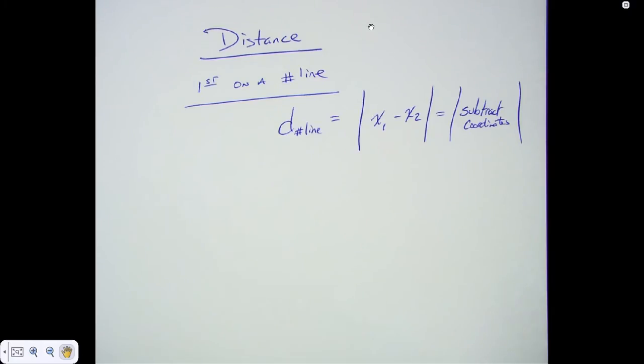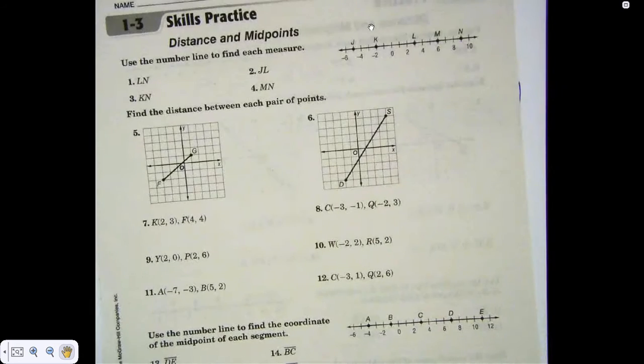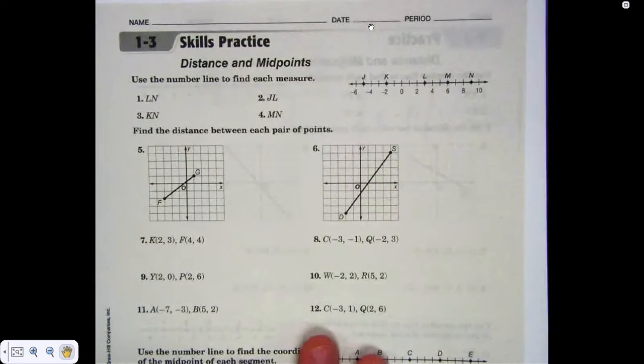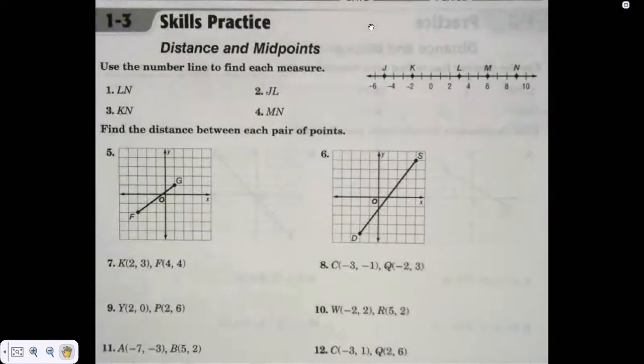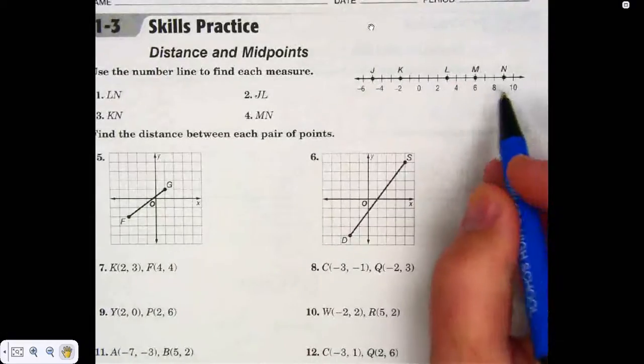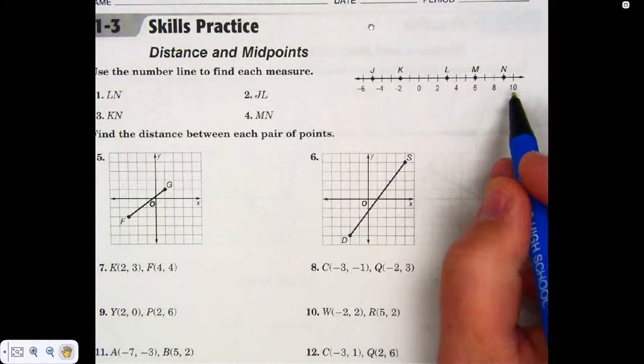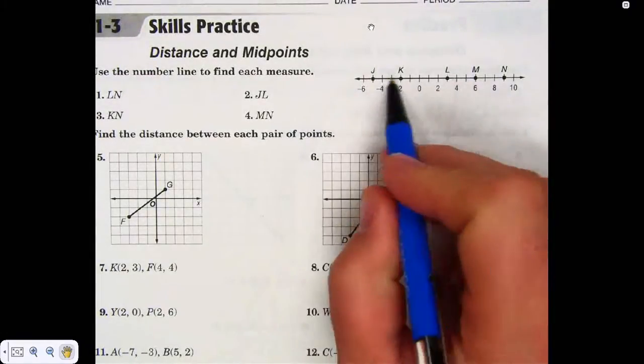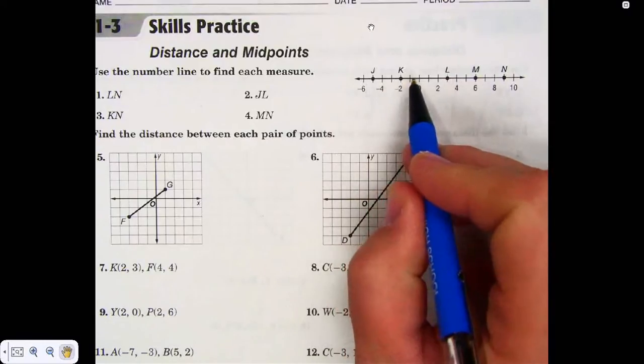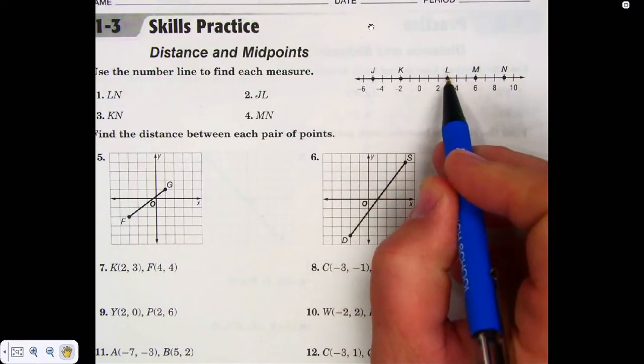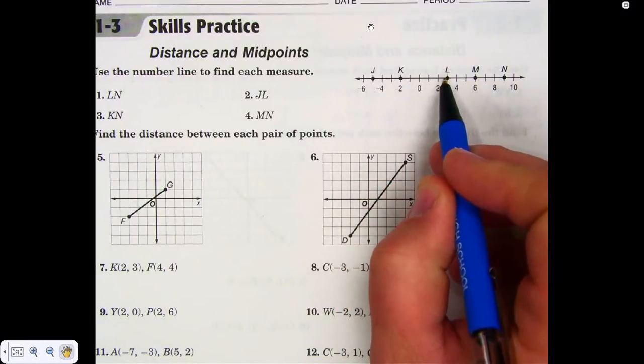Some of you may not get what I'm talking about, but let's look at that same page. The point I'm making is, when you have just from negative 6 to 10, is it pretty easy to say the distance from J to L is 1, 2, 3, 4, 5, 6, 7, 8? That's fine and dandy.